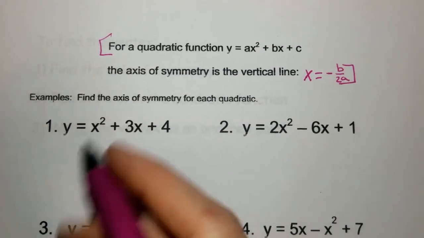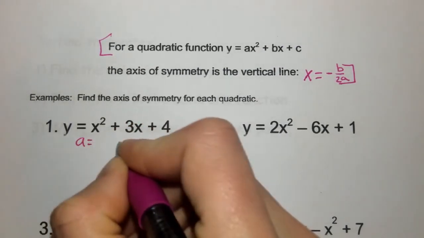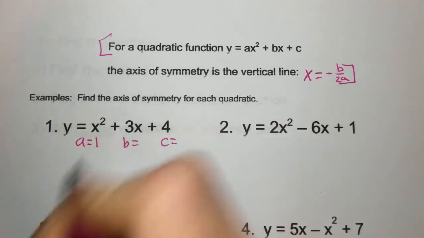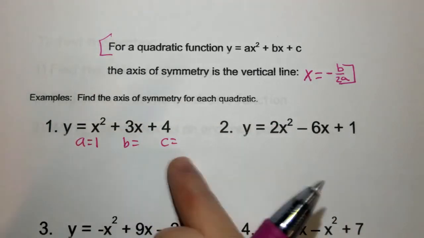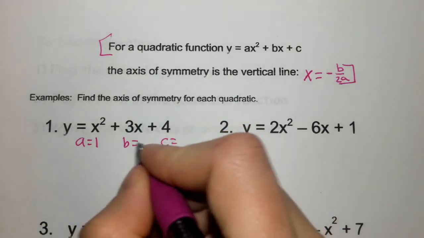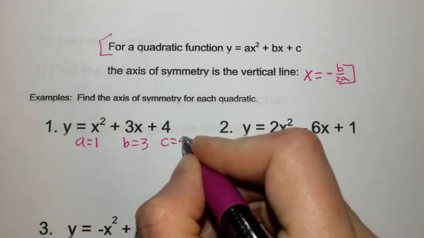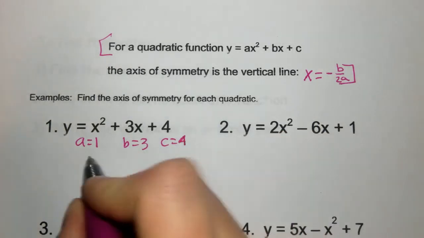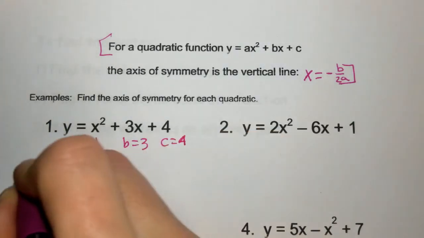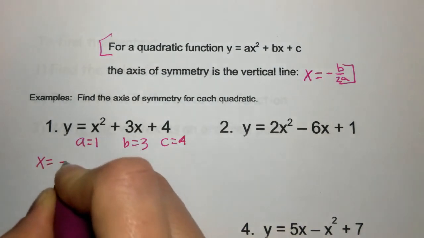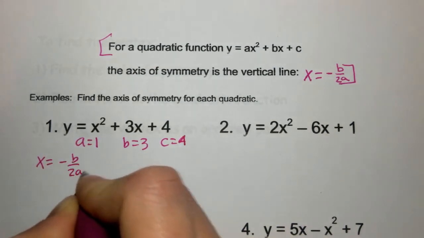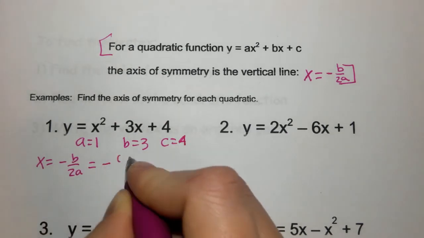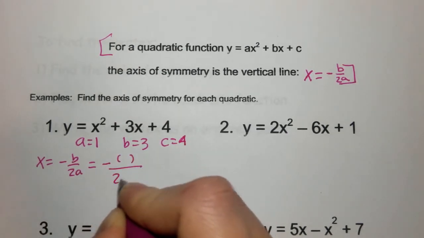So example 1. I'm always going to get in the habit of identifying a, b, and c. A here is 1. A, B, and C should all be values, no variables. B is 3 and C is 4. So now I'm going to plug in A and B into this formula. So negative carries over from this formula. I'm always going to use parentheses when plugging in so that I'm careful.